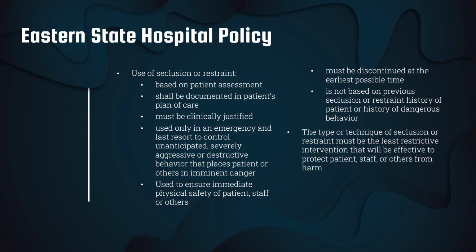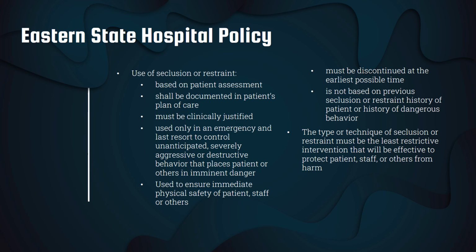It must be clinically justified, used only in an emergency situation as a last resort to control severely aggressive or destructive behavior that places the patients or others in imminent danger, should only be used to ensure immediate safety of the patient, staff, or others, and must be discontinued at the earliest possible time and never be based on previous seclusion or restraint history or a history of past dangerous behaviors.